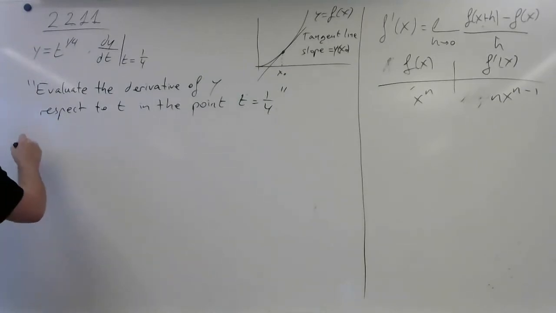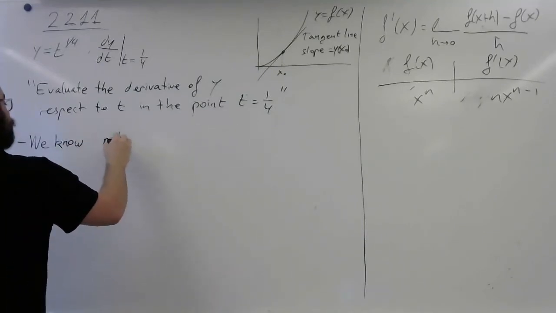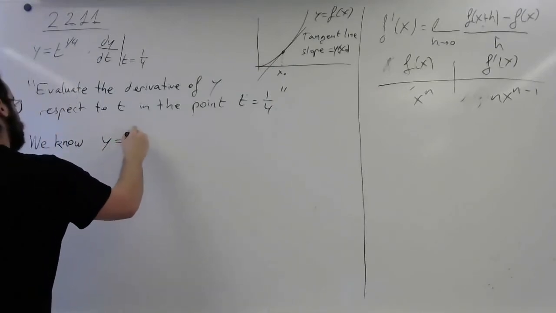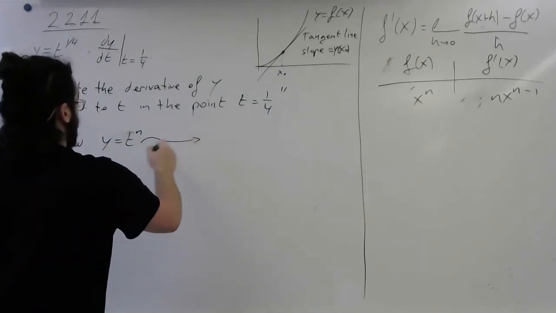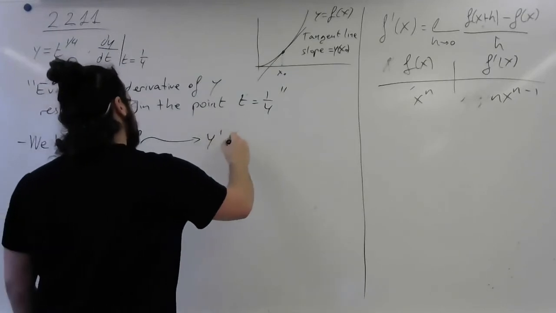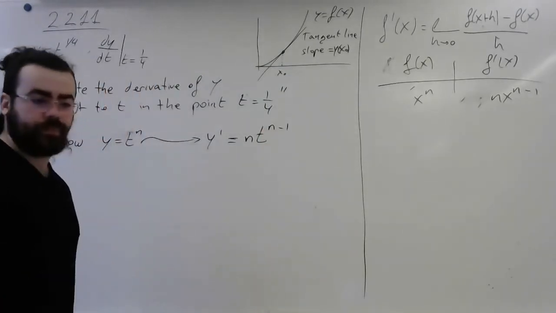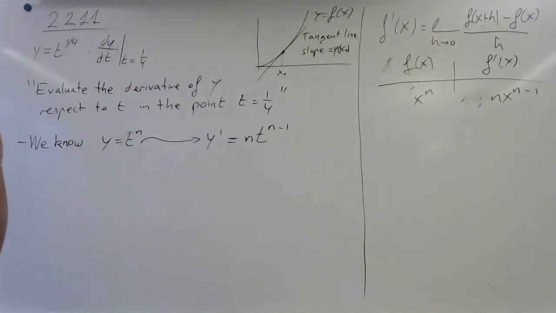We know that if we have this function, its derivative is n t to the n minus 1. Okay, we have seen it here. So this doesn't only apply for entire numbers. So we're going to actually use it.